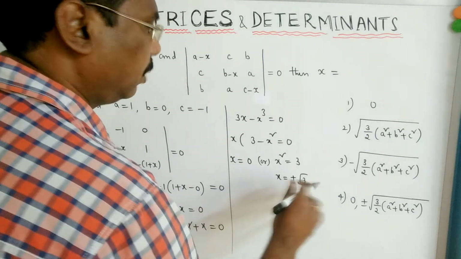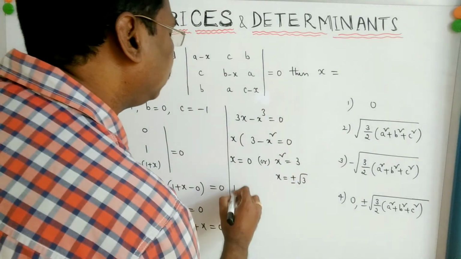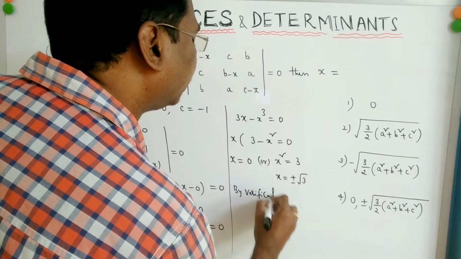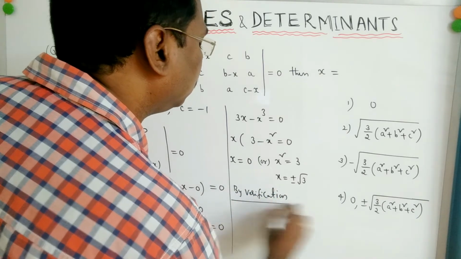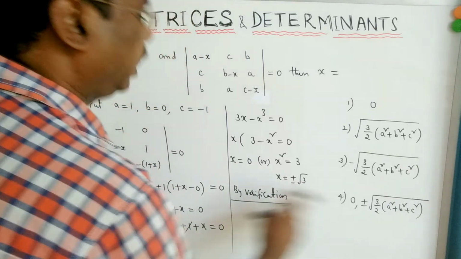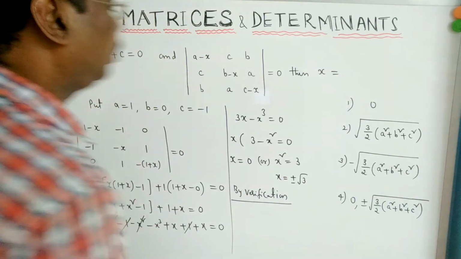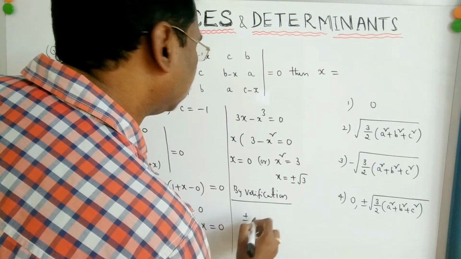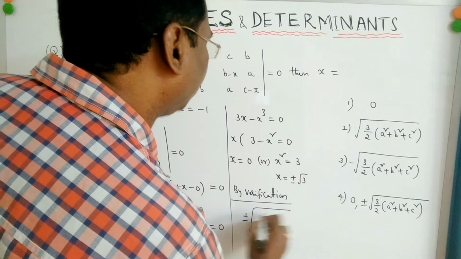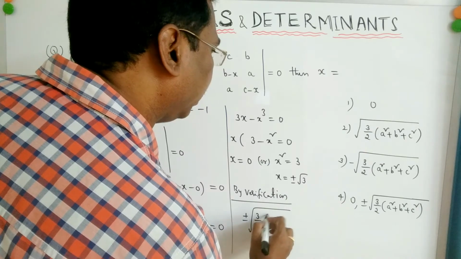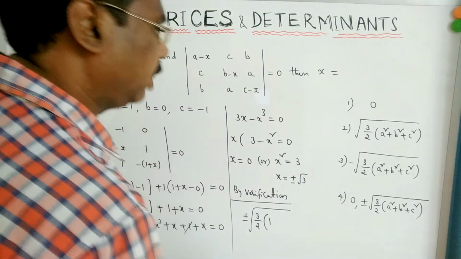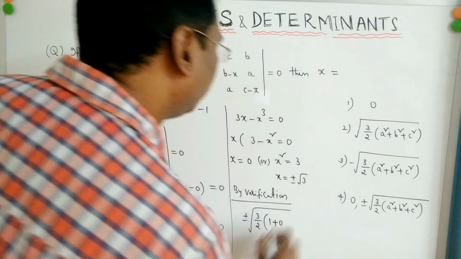Okay, now by verification, now here x value is 0. Now a value, option 4 is the correct one, plus or minus square root of 3 by 2 and also a value 1, b value 0, 1 plus 0.